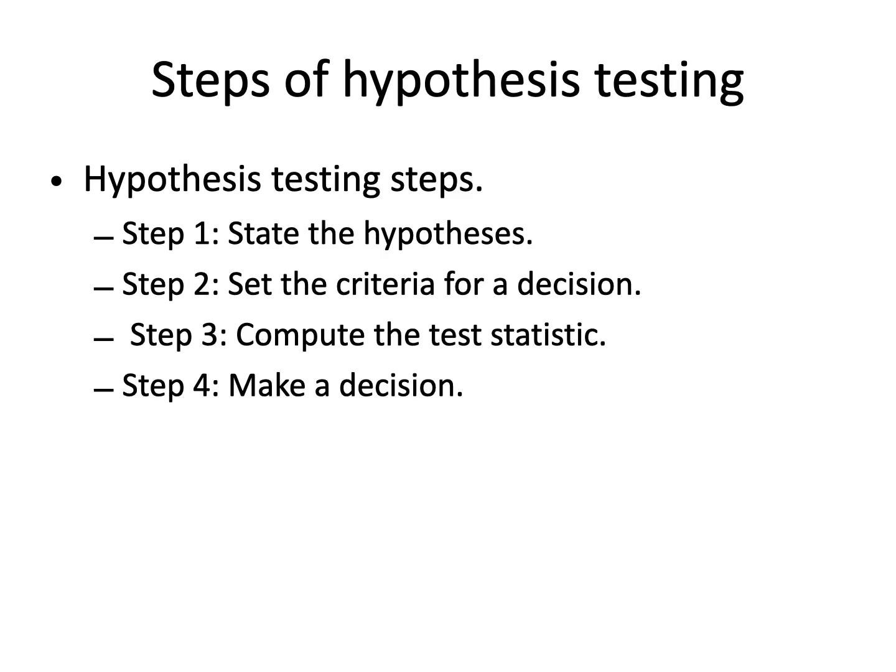There are basically four steps for the hypothesis testing. First we state the hypothesis, then we set the criteria for the decision, in the third step we compute the test statistic, and finally we make a decision.